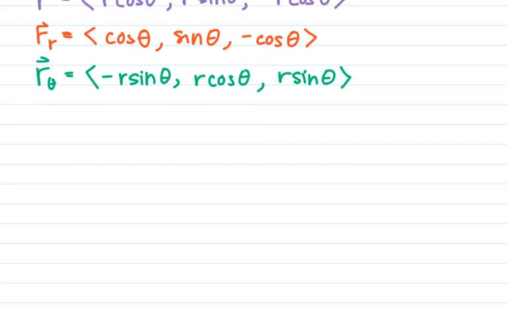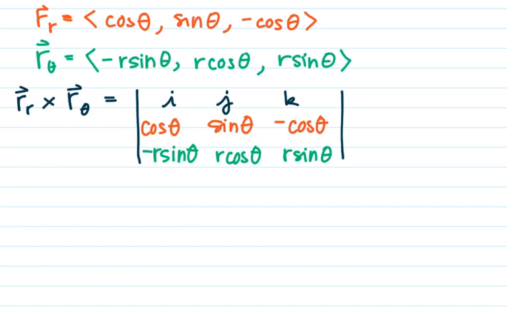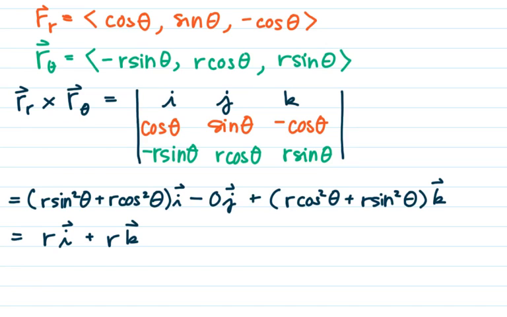Our next step then is to find this cross product, r sub r cross with r sub theta. The determinant matrix looks like what we have here. So calculating that cross product, we get r sine squared plus r cosine squared theta i, which simplifies to just r i.